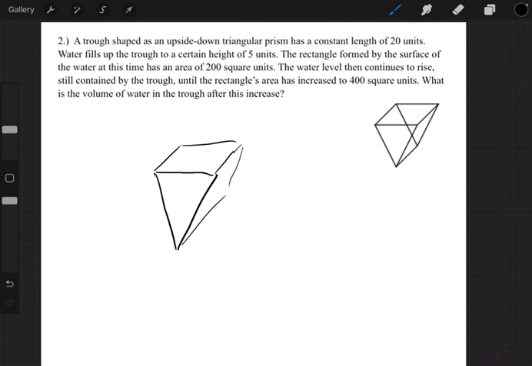Now, the issue with this compared to the last problem we did, which was a pyramidal tank, is that if you watch what happens when height increases to the other variables, sure, width increases, but this length is going to stay constant throughout, which means that height is proportional to width, but height is not proportional to length.